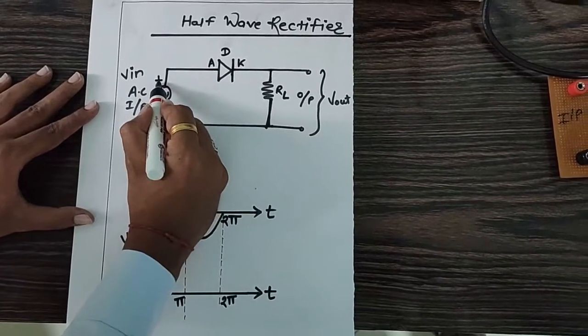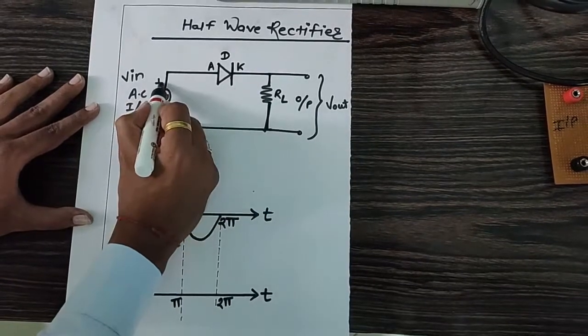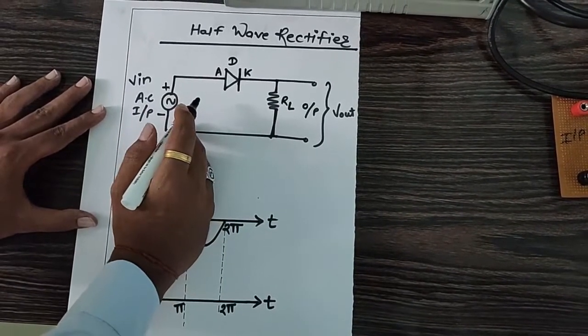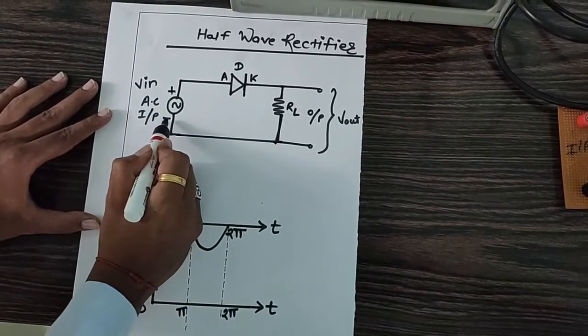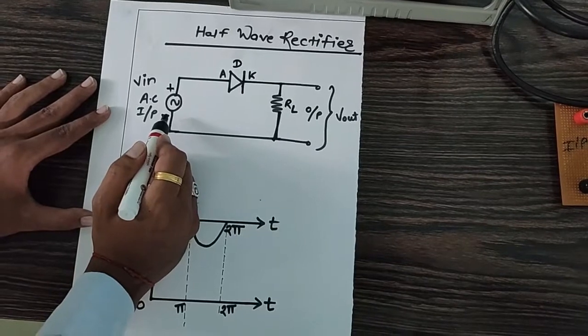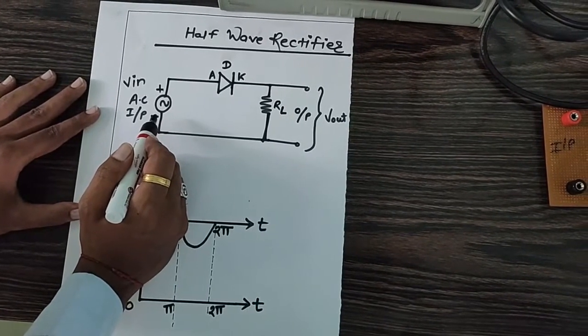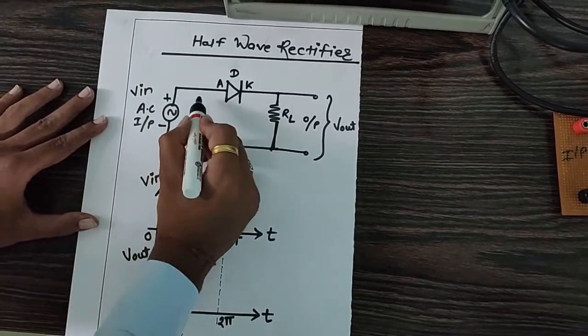As this terminal is positive and this terminal is negative, your anode is connected with positive and cathode is connected with negative. As we know, when your anode is connected with positive and cathode is connected with negative, then your PN junction diode will be in forward bias condition, and when our PN junction diode is in forward bias condition, then it will act as a closed switch.